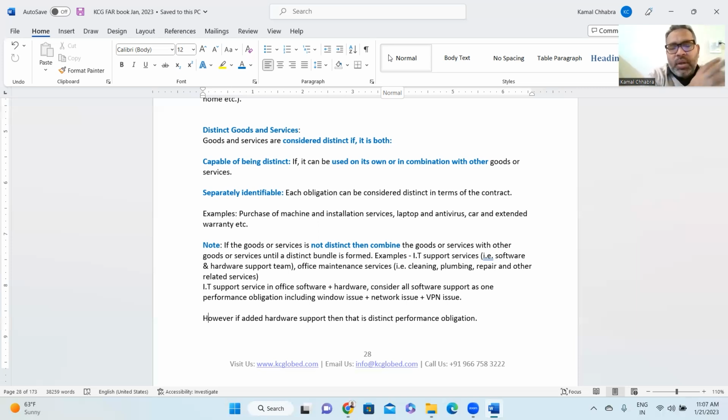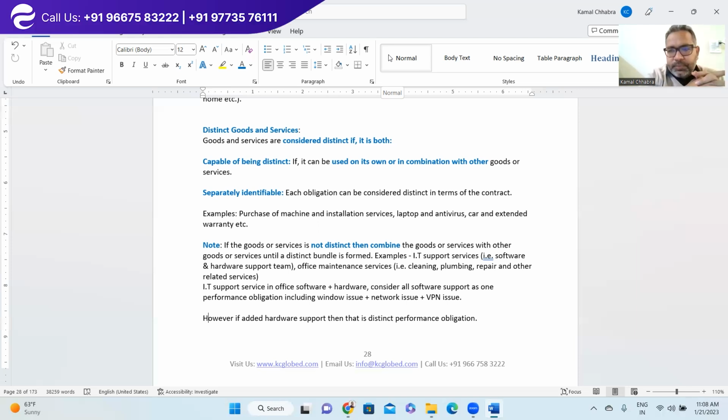Let's assume they gave an offer of $1.2 million and the final negotiated price is $1 million. So in the same proportion in which they have budgeted, they will be recognizing the revenue, with all three different services recognized as and when those respective services are provided to the customer.